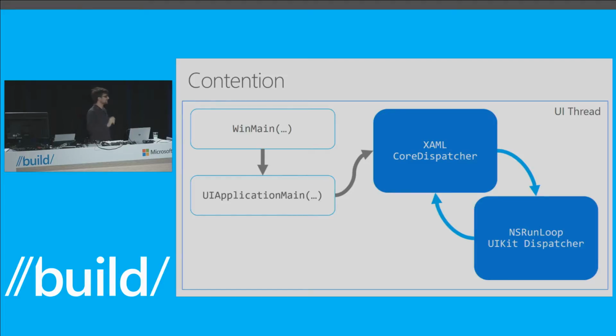And when it drains its events, it dispatches over to the NSRunLoop. And when the NSRunLoop drains its events and the UI queue is empty, it switches straight back over to the XAML fiber. Now, this means that wherever your events come from, wherever they're going, they get dispatched to the right place. And it just works.